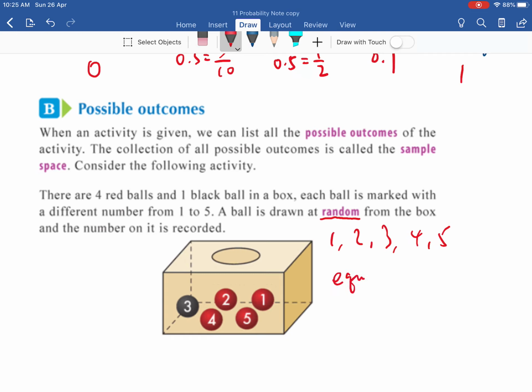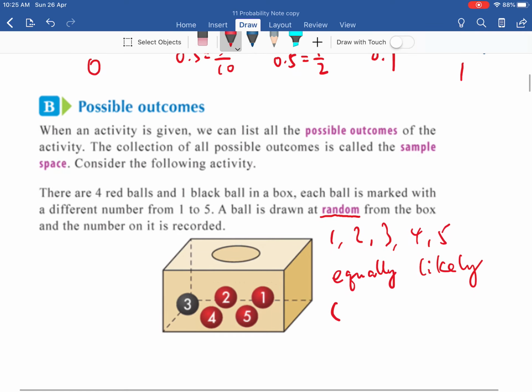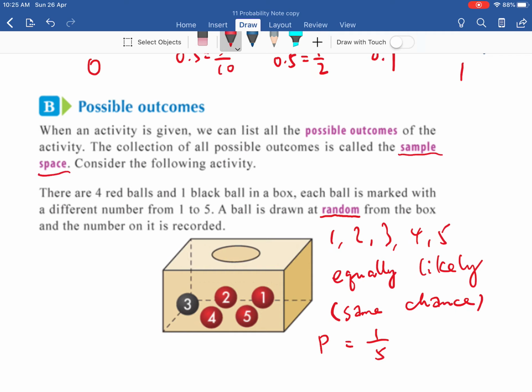And if you draw it randomly, then the chance of picking 1 or 2 is equally likely, or you may say the same chance. So what is the probability, or the chance? We call it 1/5. And each one of 1, 2, 3, 4, 5 is a possible outcome.